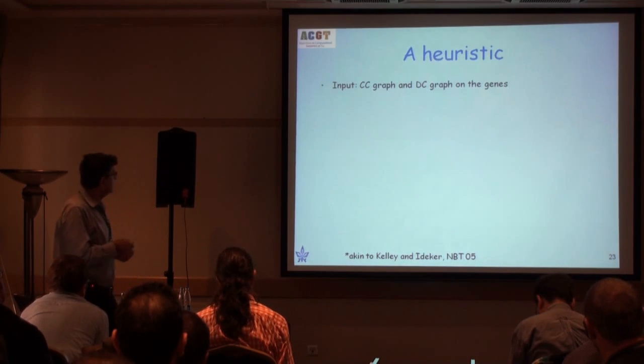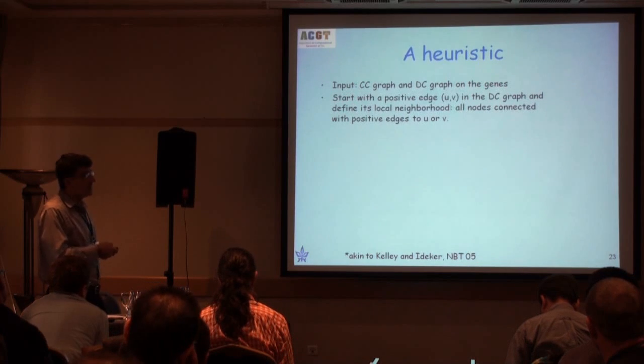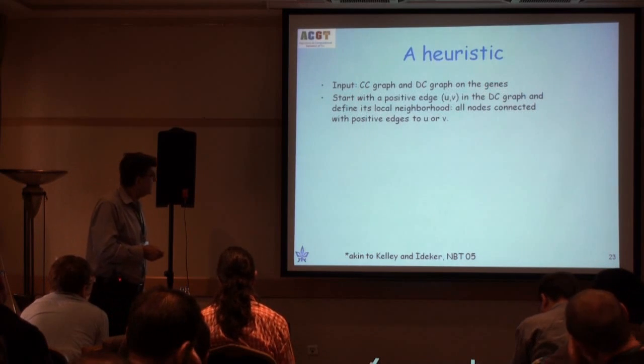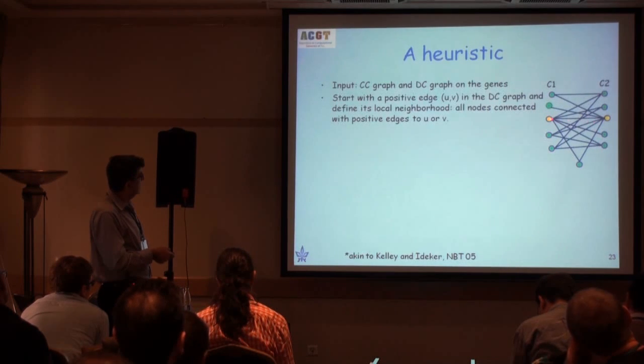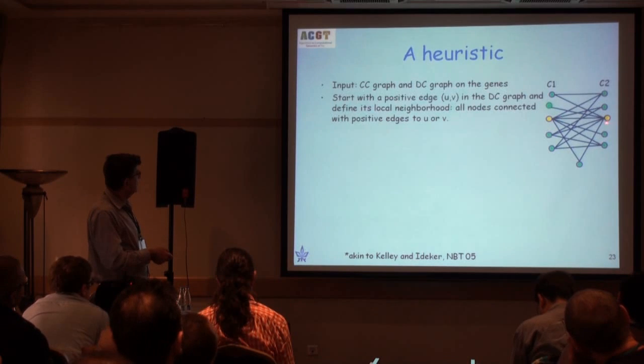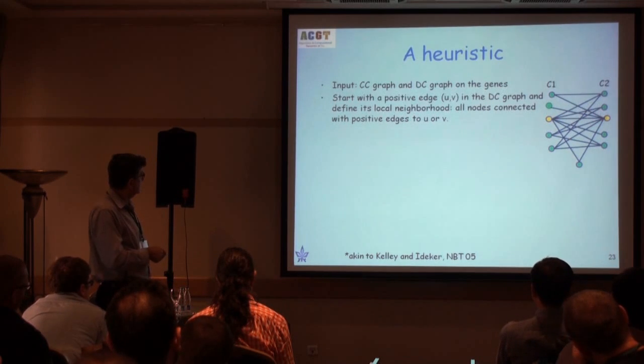And so the input here is this set of two graphs, and the algorithm is a heuristic that starts with a pair of nodes in the graph that have strong differential co-expression between them.